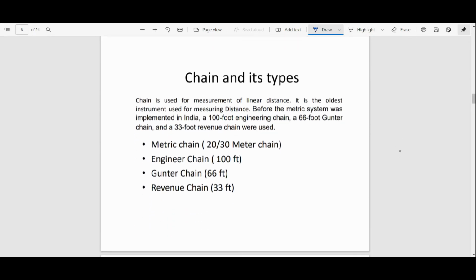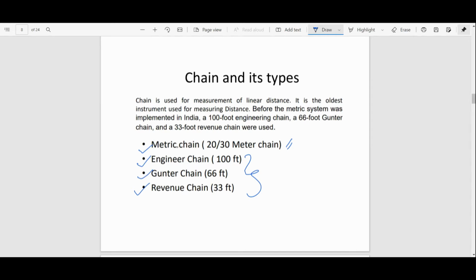Chain and its types. This question is very important and it is asked many times in exams too. Basically we have four types of chain. The first one is the metric chain, then the engineering chain, Gunter chain and revenue chain. These three chains are very old. At present we have only the metric chain, and it is available in the market in 20 to 30 meters, but it is also being replaced with the tape because the chain is very heavy to carry and the tape is very lightweight and easy to carry.